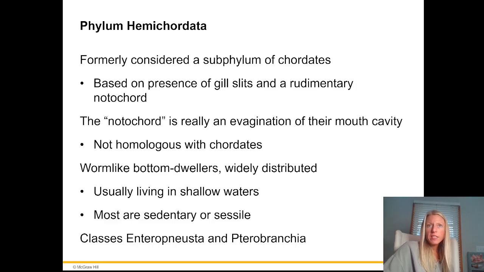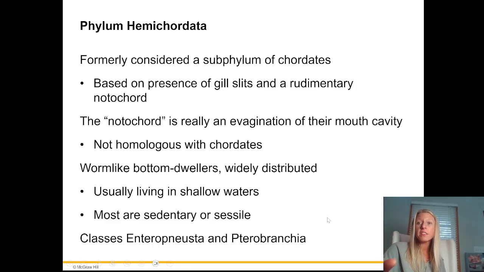The hemichordates, so these are formally considered a subphylum of chordates based on the presence of gill slits and a rudimentary notochord. And their notochord is actually apparently an evagination of their mouth cavity and is not homologous with chordates. They're not an exciting group. They're worm-like bottom dwellers.